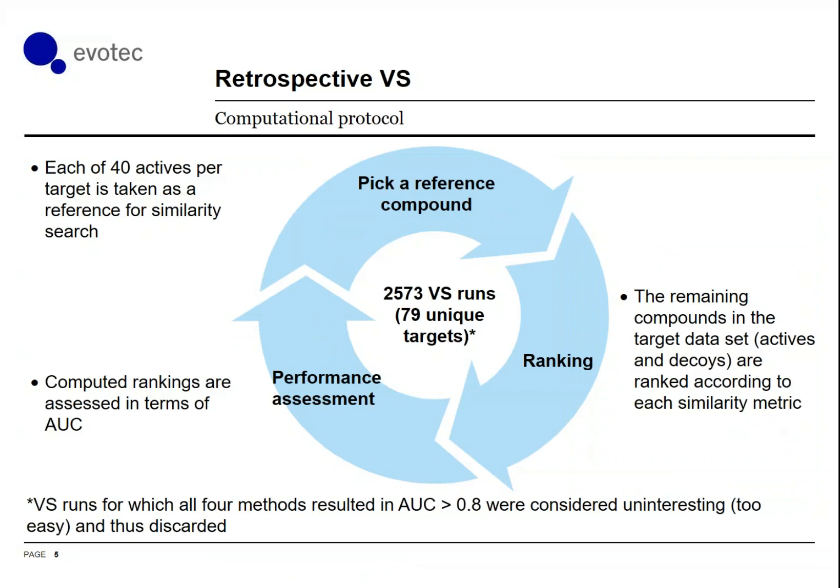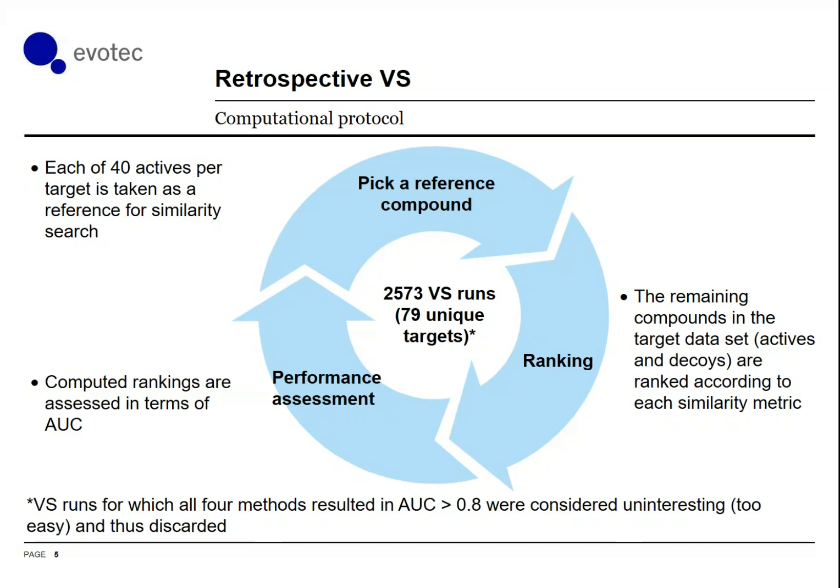This is the computational protocol that I have applied, which consists of an iterative procedure in which at each iteration a reference compound is chosen, and this is used to assess the similarity of the rest of the dataset, including both actives and decoys, which are ranked according to the calculated similarity value by using each of the 4 methods that I have mentioned in the previous slide.